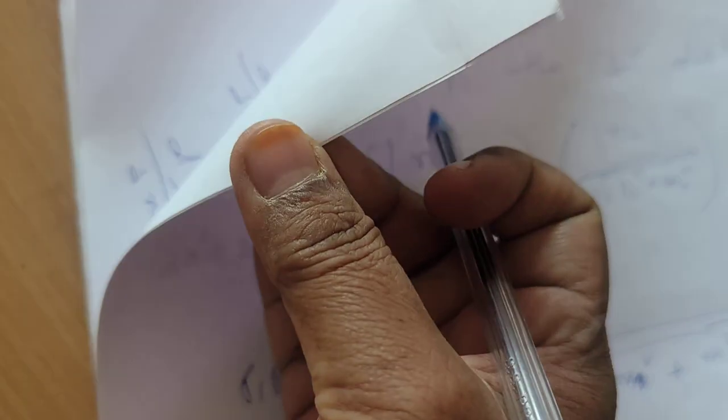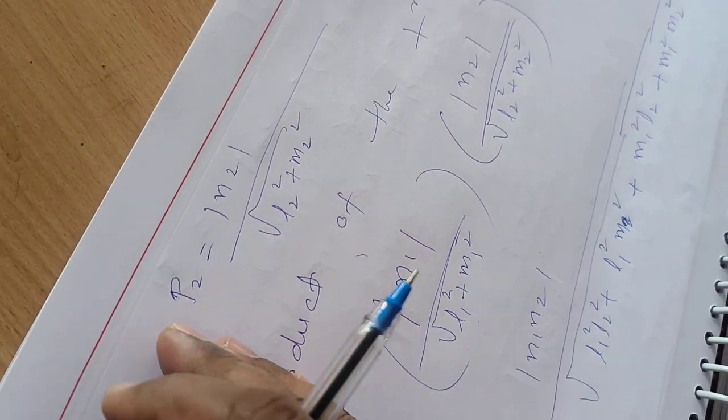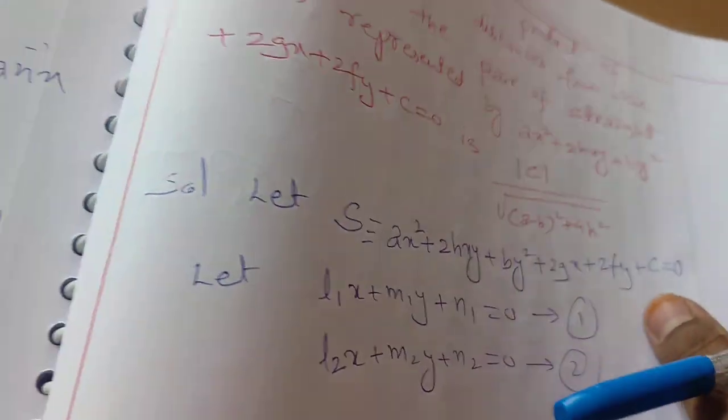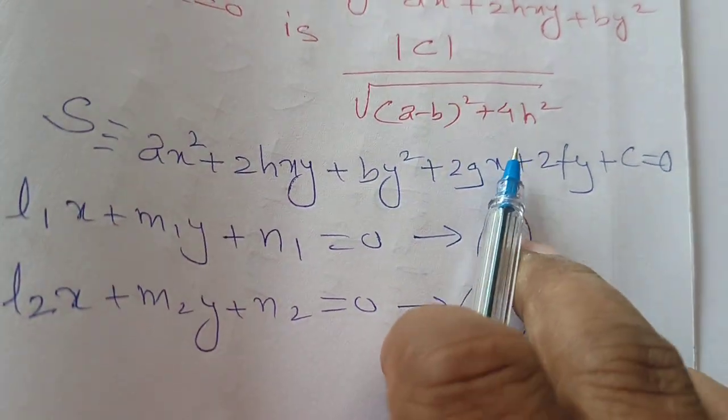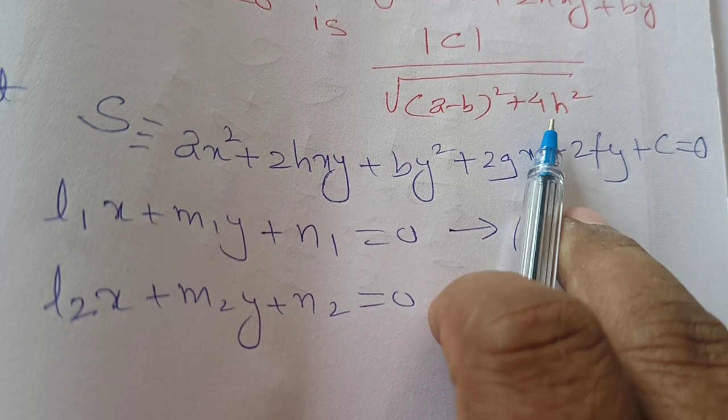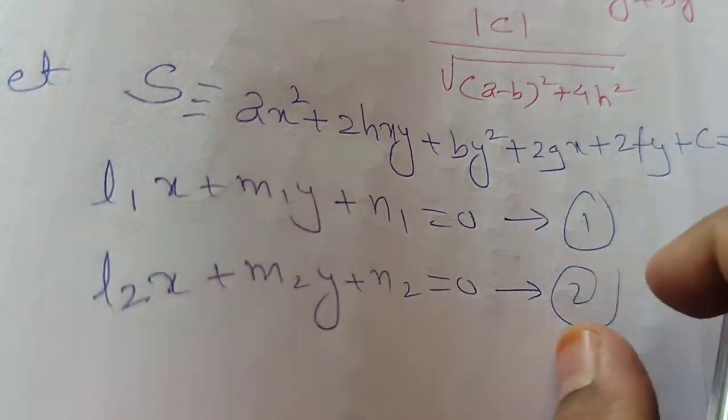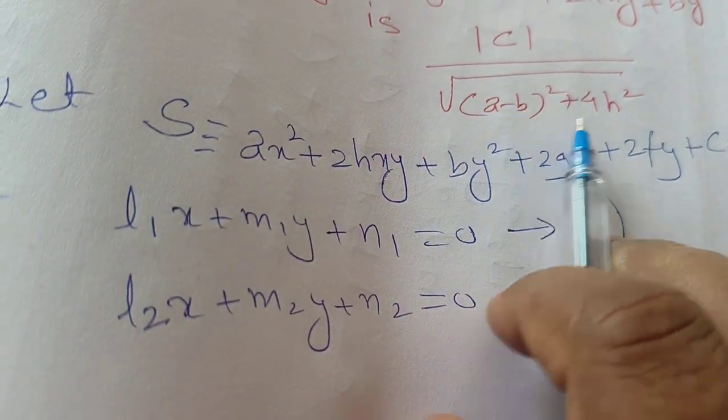So in the question we have (a minus b) whole square plus 4h square. So we have to write the given terms in this form, (a minus b) whole square plus 4h square.